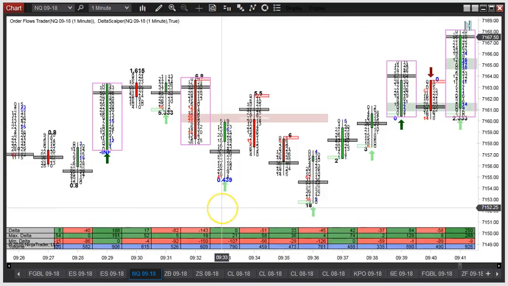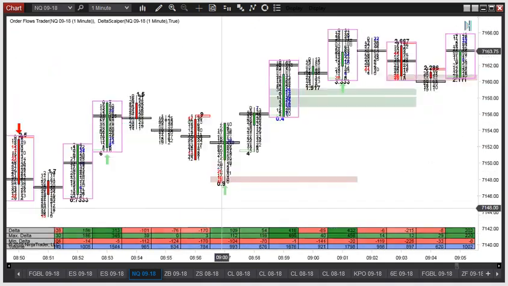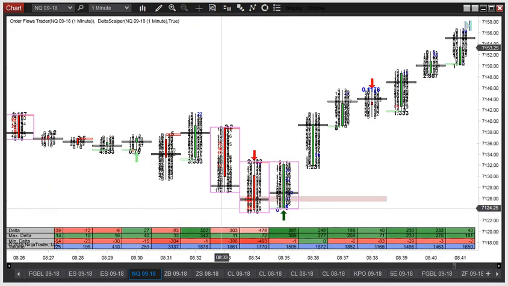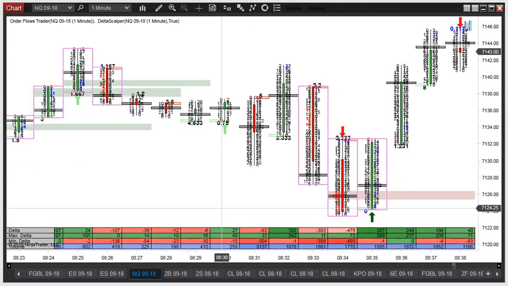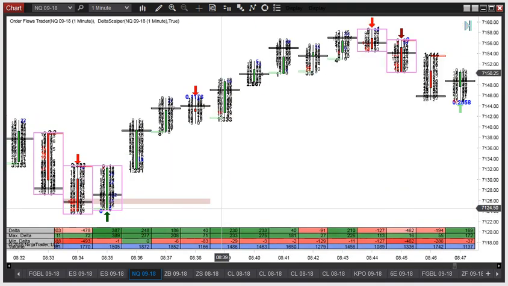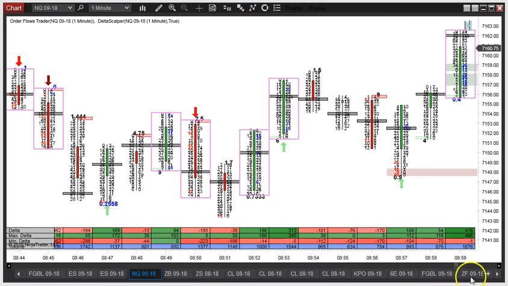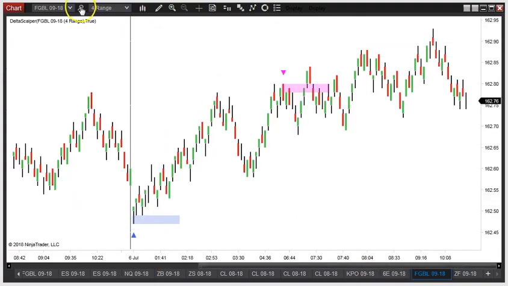So I remember it was, where were we here? Just after the cash opened, it was. Okay, just give it a second here to come in. Let's see where it was here. Nasdaq.